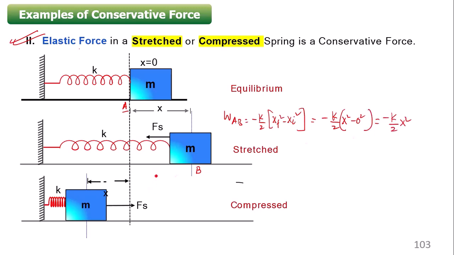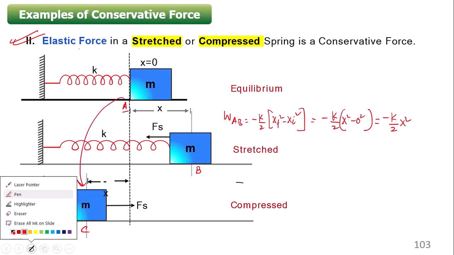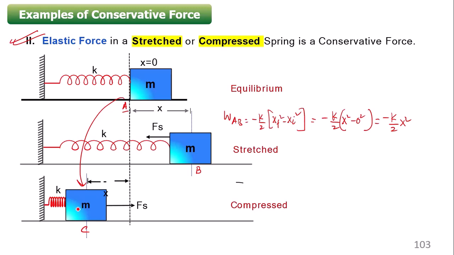Now in the same situation, if I move from A to C, initially at 0, then I am moving in a negative direction, that is compressing the spring. So the work done moving the particle from A to C is again minus K by 2 into x final square minus x initial square. Again x final is x, and x initial is 0.